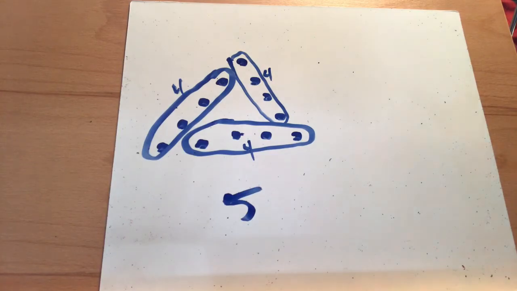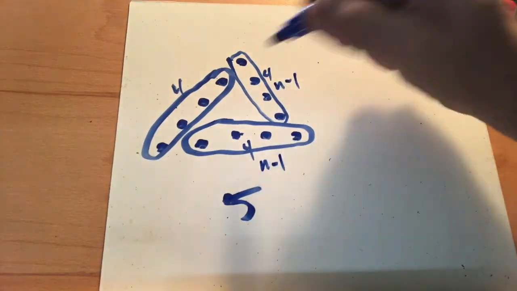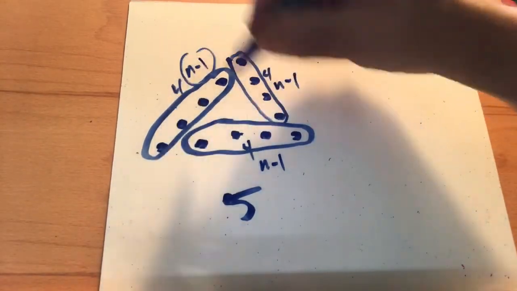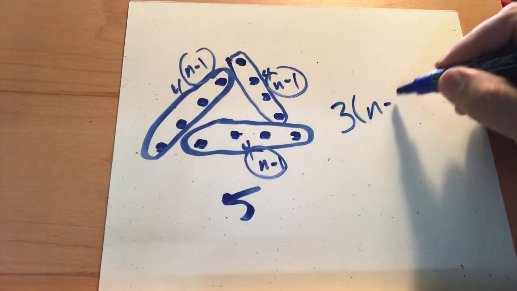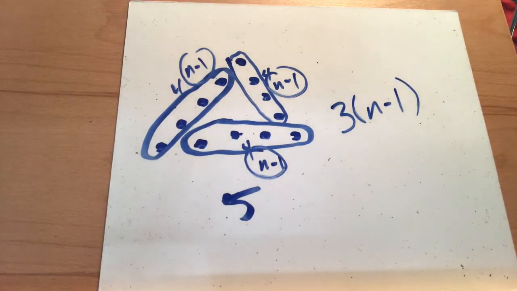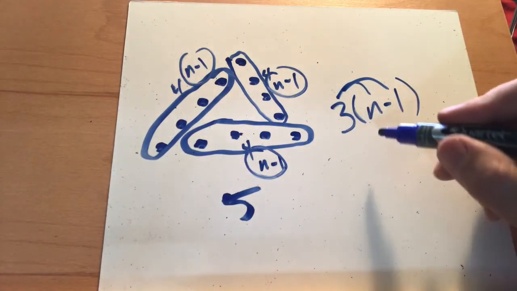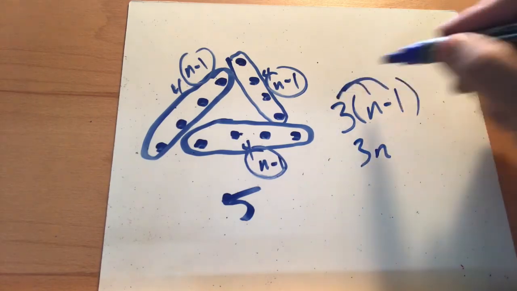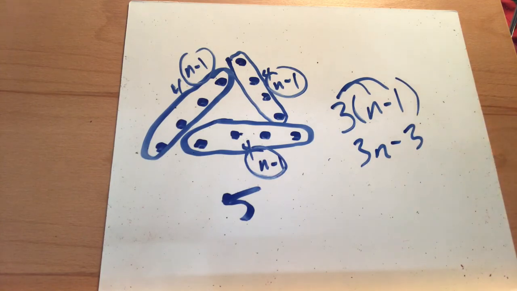And what I got here, this is 1 less than n, and so is this, and so is this. So that's 3 times n minus 1. Notice we can use the distributive property there. 3 times n is 3n. 3 times negative 1 is negative 3. Ooh! Yet another magic way to get that minus 3. That's what we've been doing. Hope you had fun.